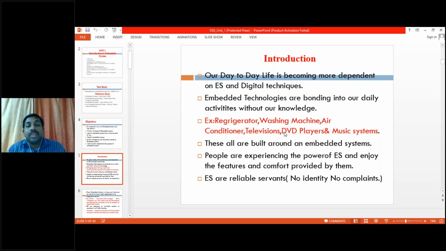Next, air conditioner. The AC is used in household appliances as well as in industries, in software companies. So there are different ACs. What are the types of ACs? You can use household ACs or you can use centralized ACs. So what is the purpose of an AC? An AC is used to give cooling to the room by controlling its temperature.